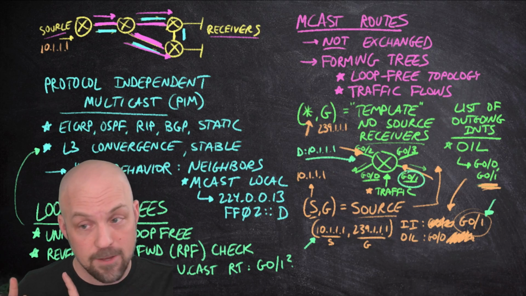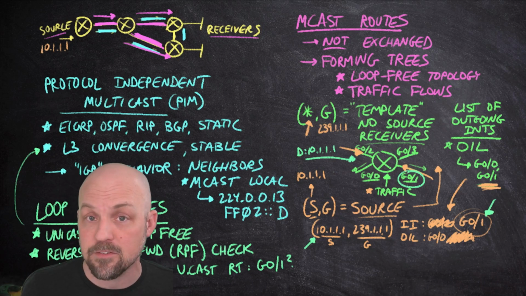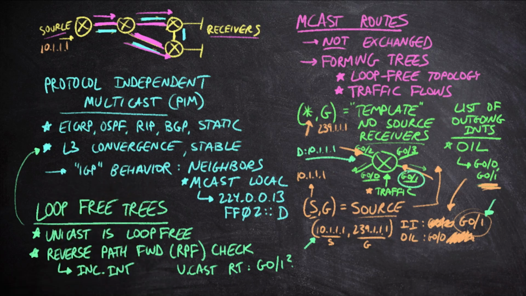I want to make sure that if I were to send traffic back to that source, it would go out that interface. And if so, then that is good. But there will be times where we say, no, actually, I would have sent that packet out gig 03. And so if this isn't the case, then we will reject this multicast traffic. We will drop it. We will not install the S comma G route because ultimately that means that we have a loop in the network.